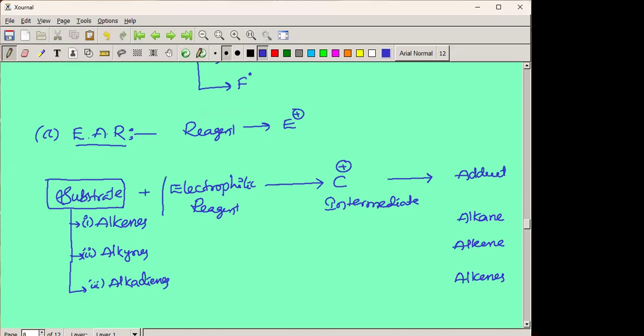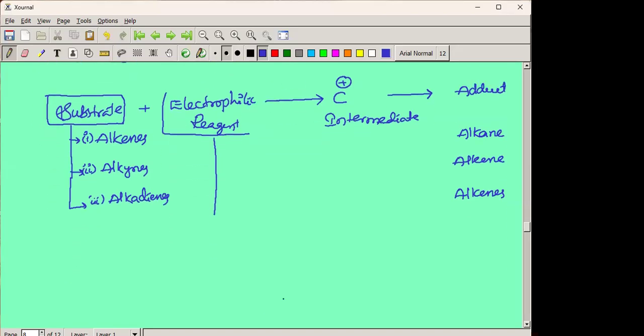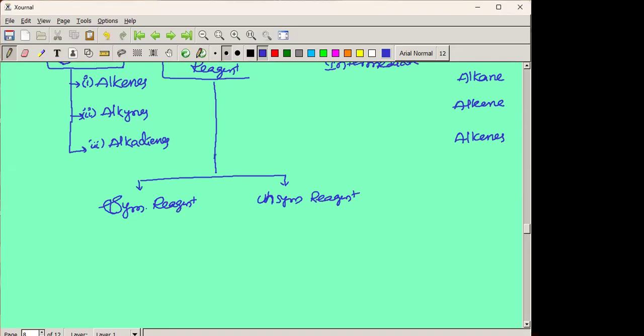What are the electrophilic reagents? How many types are there? The electrophilic reagents are categorized into two types: symmetrical reagents and asymmetric or unsymmetrical reagents.